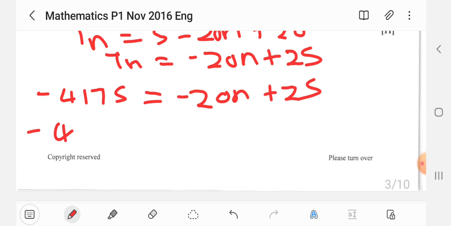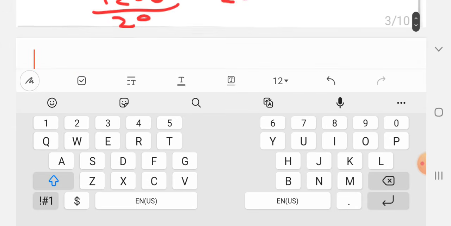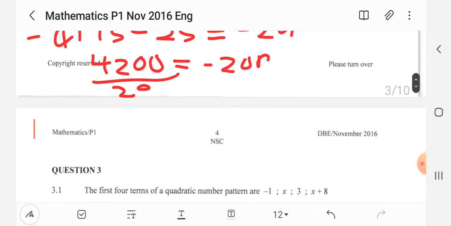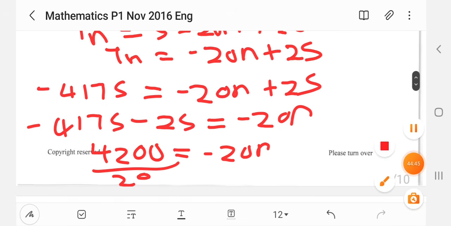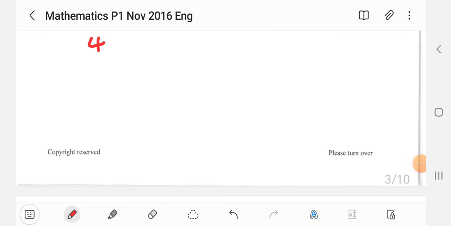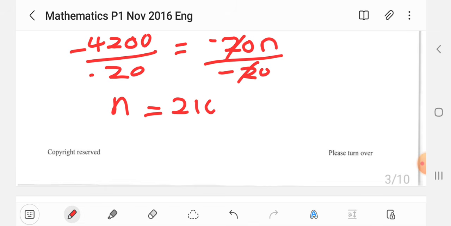So negative 4175 minus 25 equals negative 20n, and that is negative 4200 equals negative 20n. Divided by negative 20, so that will cancel, and then you'll find out that n equals 210.